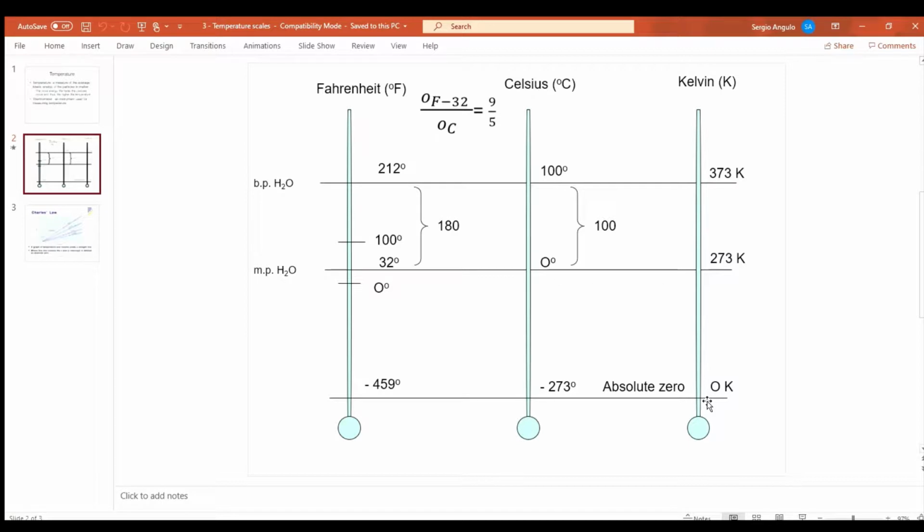Since he moved it down by 273, now the freezing point of water is 273 Kelvin. Since the boiling point on the Celsius scale was 100, it's just 100 above the freezing point. Since the size of the degrees are the same, 273 plus 100 is 373. That's the boiling point of water on the Kelvin scale. Okay, so that's how we got our three temperature scales.